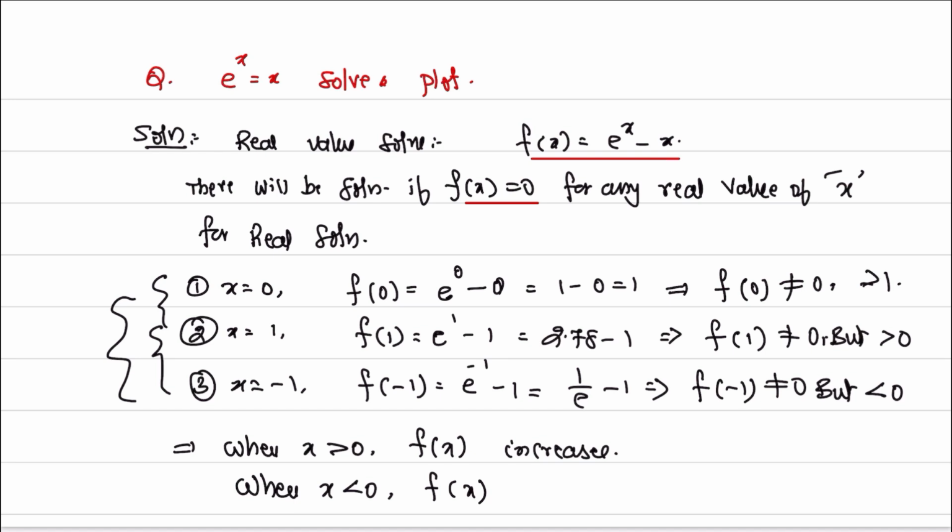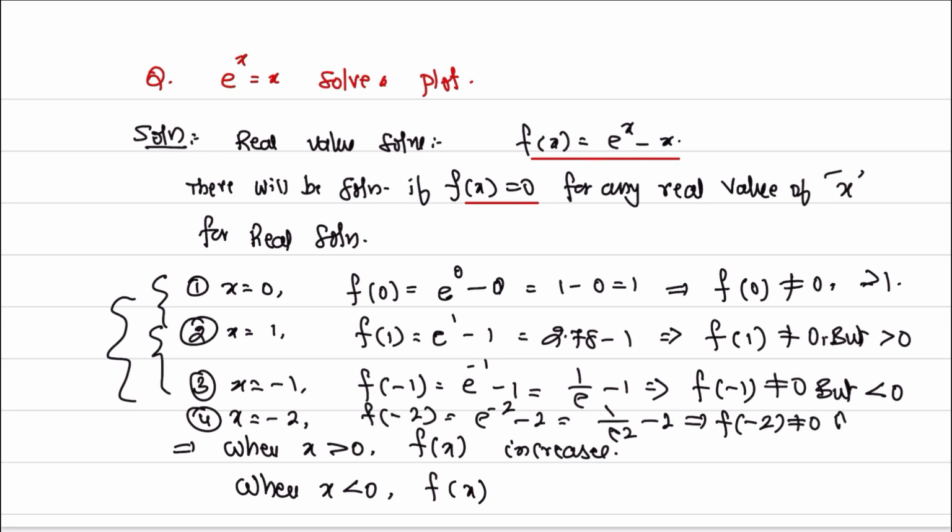Its value is becoming negative. 1 by e minus 1. Then if it is minus 2, it will be 1 by e square minus 2. Let us say x is equal to minus 2. Function minus 2 will be e to the power of minus 2 minus 2, that is 1 by e square minus 2. That implies function minus 2 is not equal to 0 but less than 0.